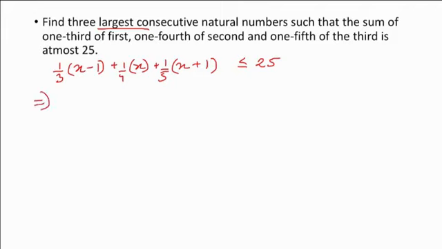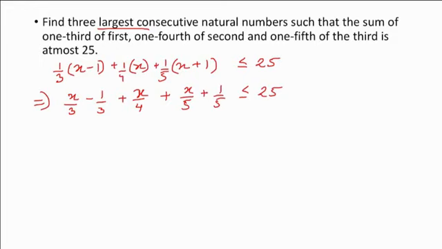So let's simplify this further. So x over 3 minus 1 over 3 plus 1 over 4 x, or x over 4, plus x over 5 plus 1 over 5 less than or equal to 25.